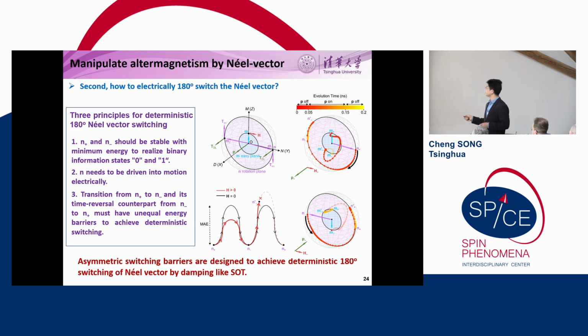The Néel vector switching mechanism is like this. First, we need to have two energy minima. It's very natural for the Néel vector, pointing positive or negative. These are the two natural states, so the two energy minima are here. When we drive the current along this direction, the spin polarization P is along the x direction.